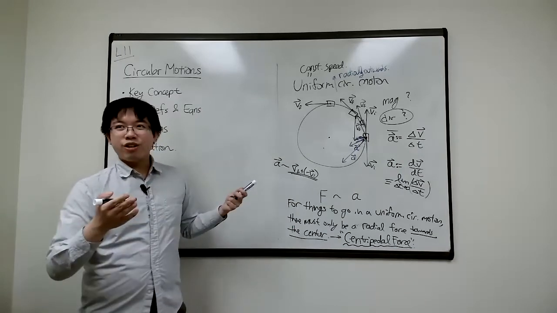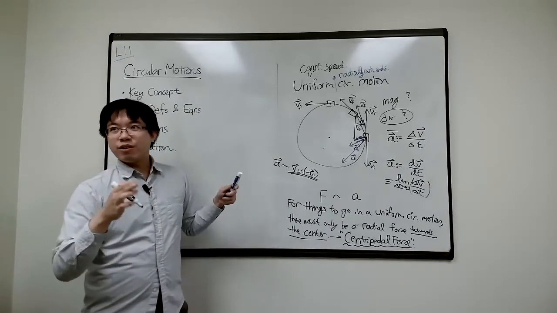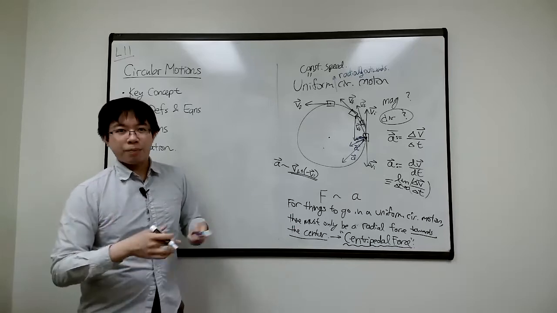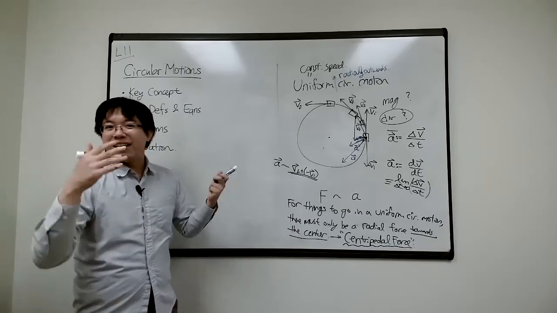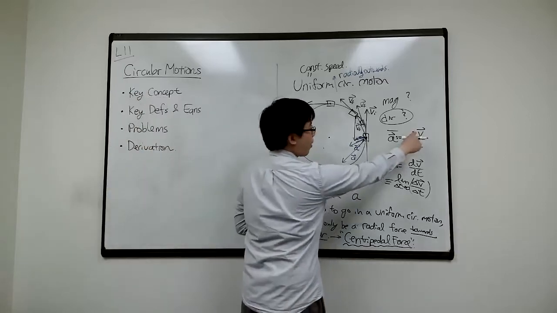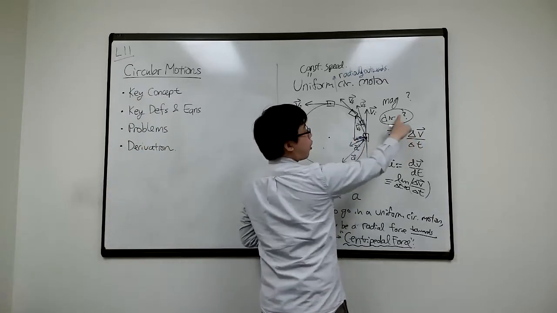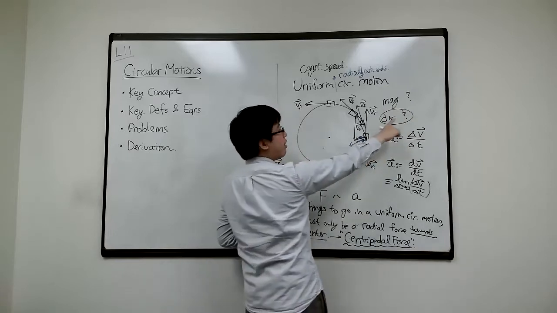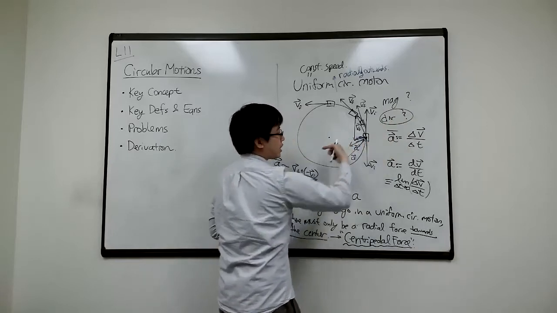Or 0.01 divided by 0.0001 could be 10 or 100 or 1,000. You can divide two small numbers, it could be big numbers. So no one knows what it is, but what I do know is the direction. That was what I was trying to find. The direction of the acceleration is this way.